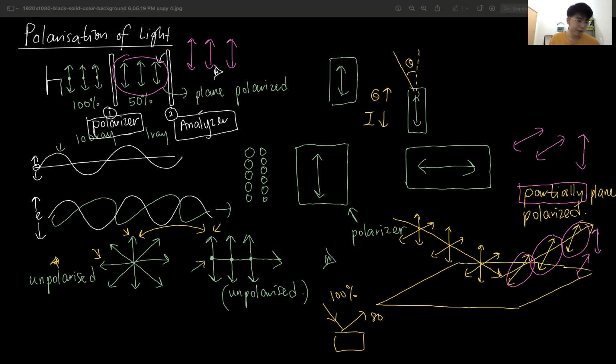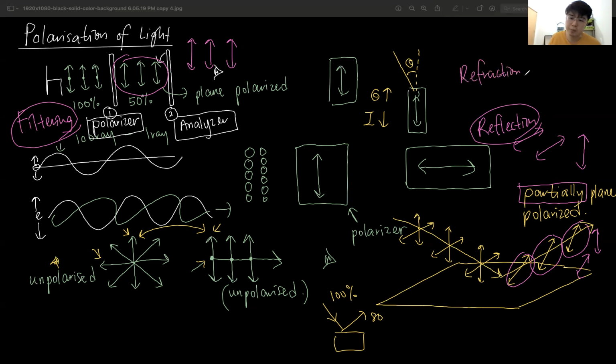Okay, so that is the second one. Polarization can be achieved, first, by filtering. That is the polarizer. This is filtering. Second, by reflection. Third is by refraction. Refraction also will polarize.